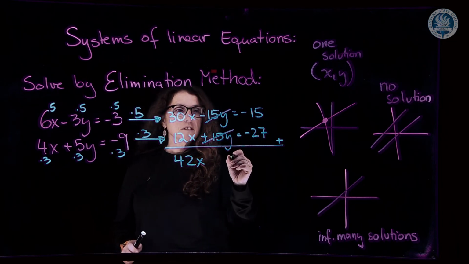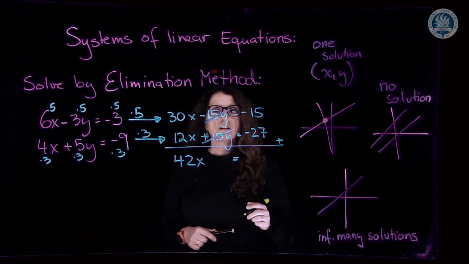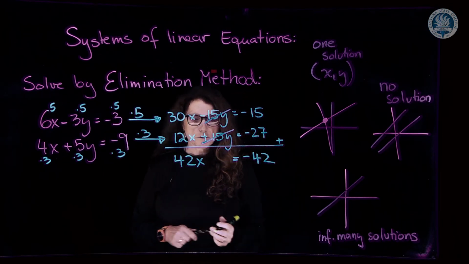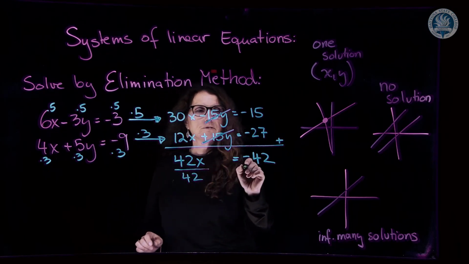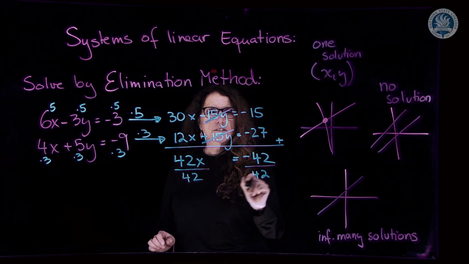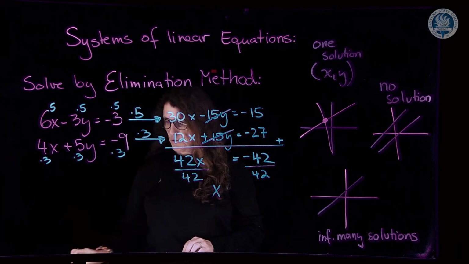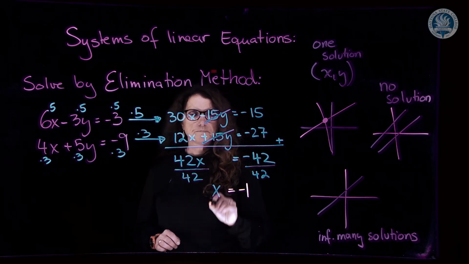On the other side, we have negative 15 plus negative 27, and that is negative 42. This works out fairly nicely. Divide both sides by 42 to get x by itself. Negative 42 divided by 42, the answer is x equals negative 1.